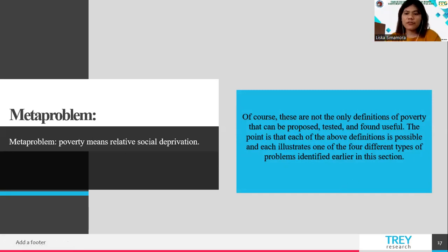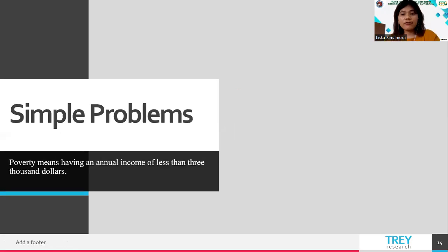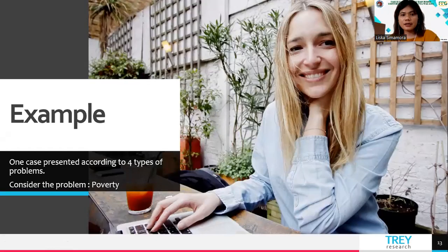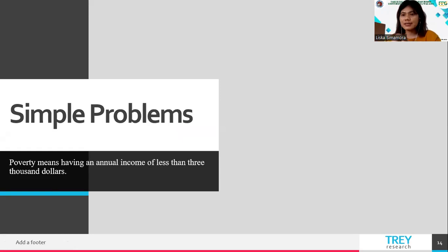So, for example, if we want to formulate the solution for each problem type, let's define the poverty according to simple problems.